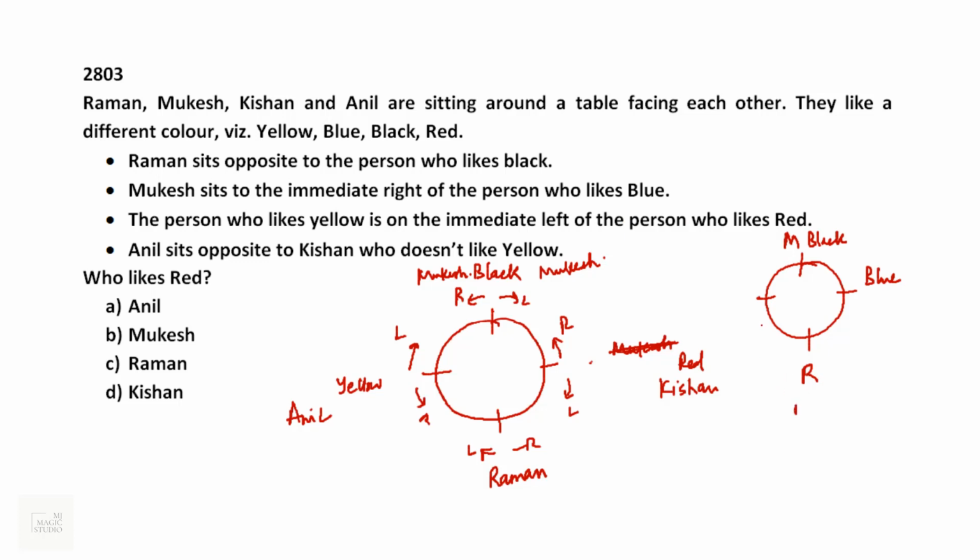Only these two places are left: this will be yellow and this would be red. Anil sits opposite to Kishan, who doesn't like yellow. That means here is Kishan, and here is Anil who likes yellow. Kishan doesn't like yellow, and Raman likes red. Who likes red? Raman likes red.